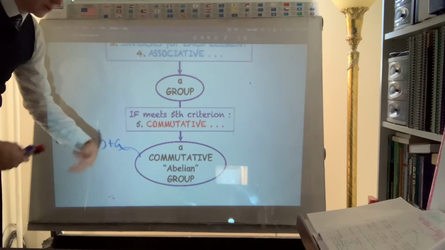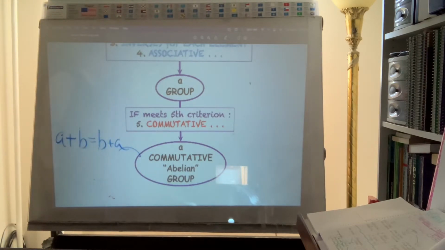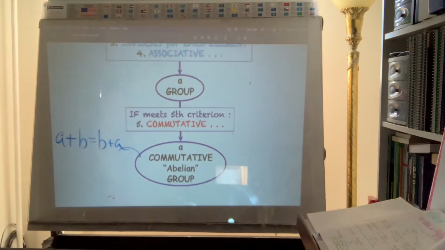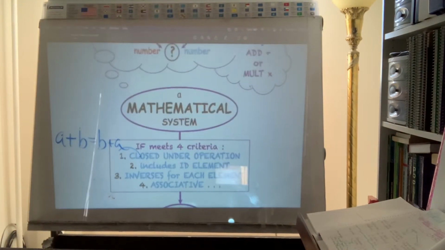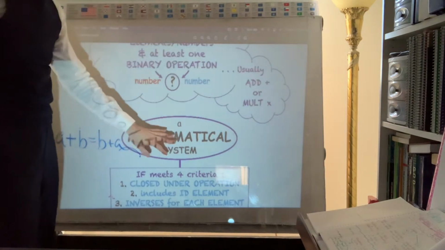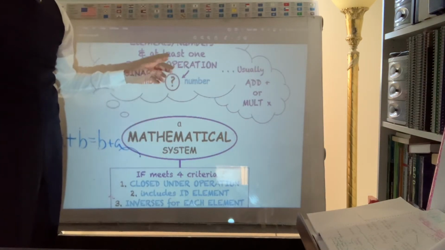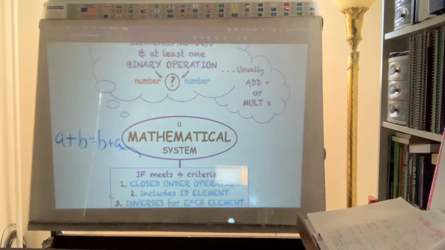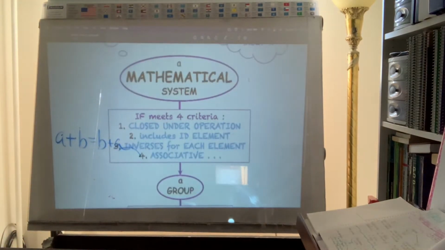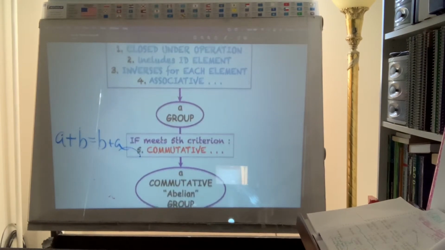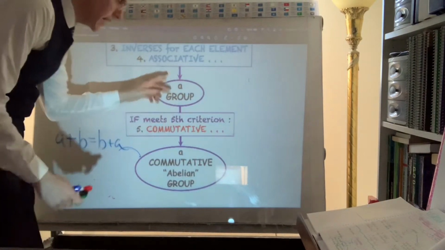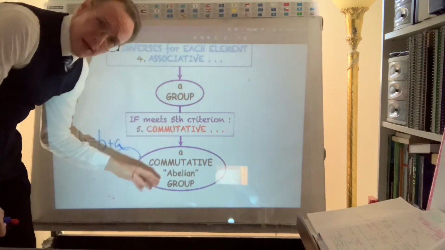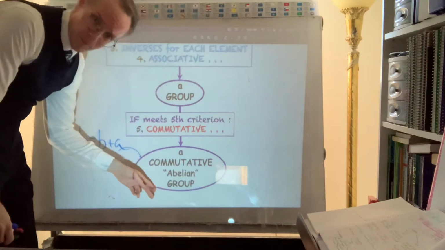Just a little bit more specific. So for right now, all that you really need to acquaint yourself with is that there's this idea of a mathematical system, a pile of numbers and an operation, and that if they meet these strict four criteria, they might be a group per se. And if they meet a fifth criterion, then they might be an abelian group.